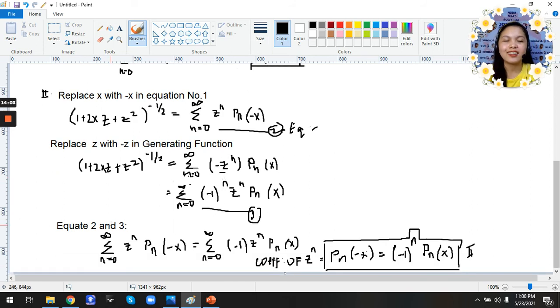So, let's equate equation number 2 and number 3 to get the final answer. Let's have this one.